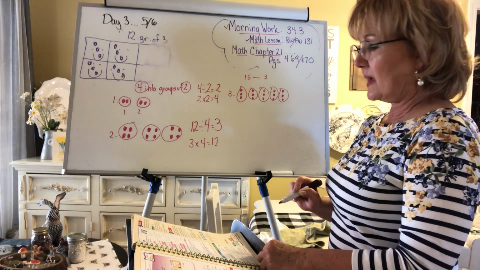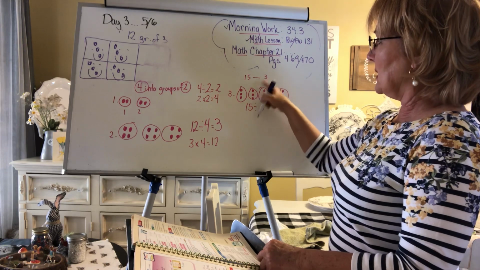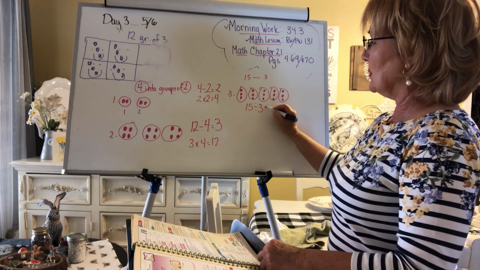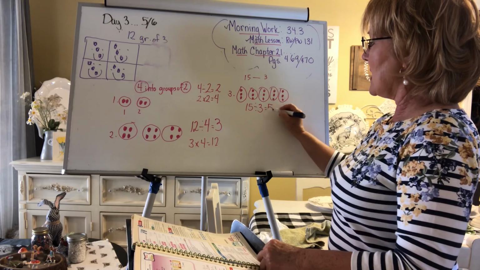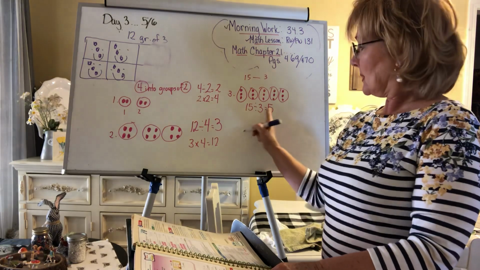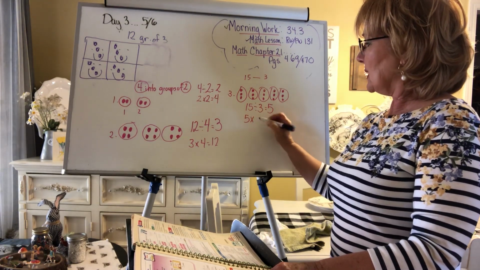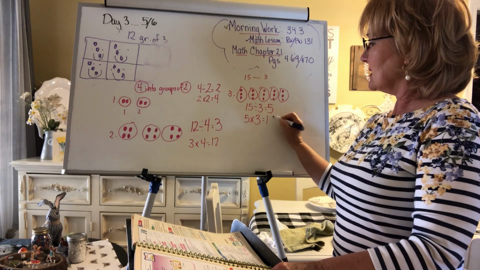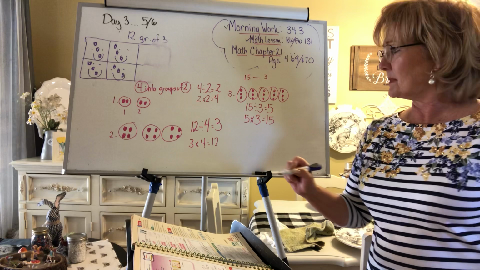And what do we have? We have the big number 15 divided by how many we put in each group equals how many groups? 5. Right? What's the matching multiplication sentence? Read it backwards. 5 times we have a 3 gives us 15 altogether. Okay? See how smart you're getting?